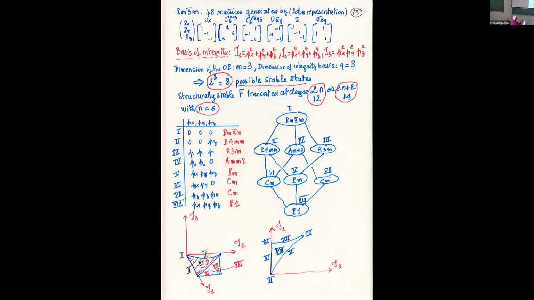It can be, of course, phase 7, but then you have to look carefully at the structure, and then you understand that phase 6 keeps some memory of P4MM and AMM2. It's not simple, but you need to go to the structure, of course, not only to the pure symmetry. But pure symmetry gives you a lot.